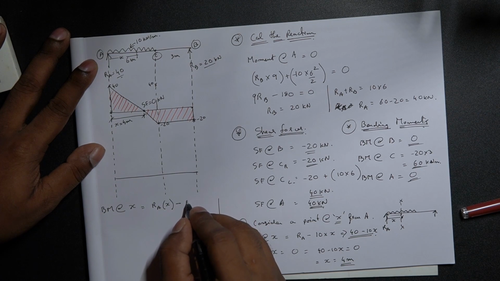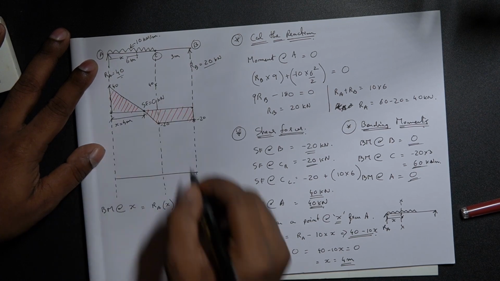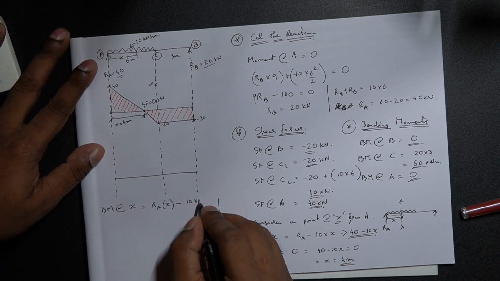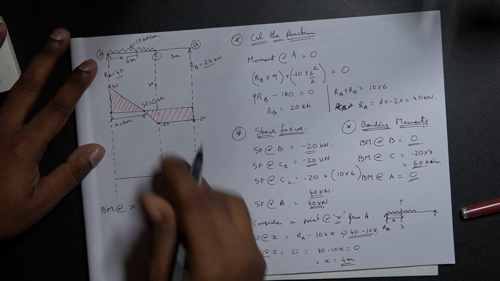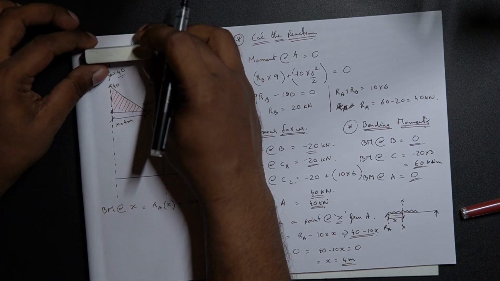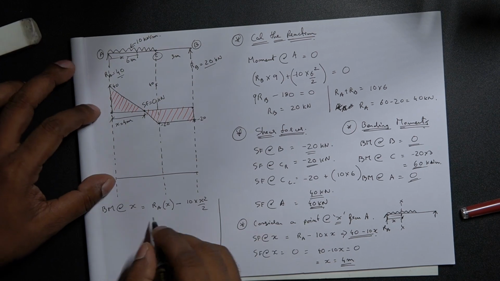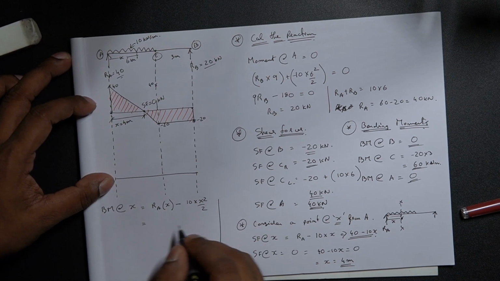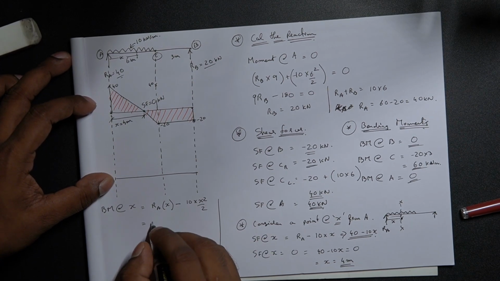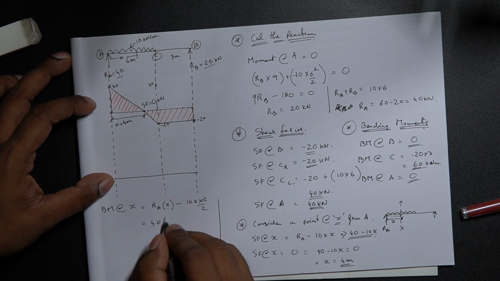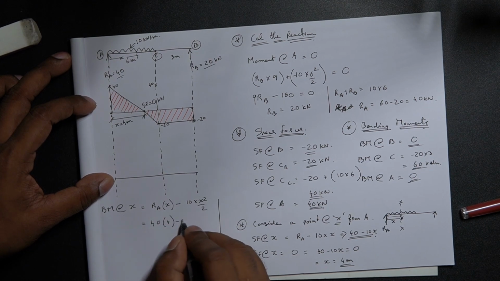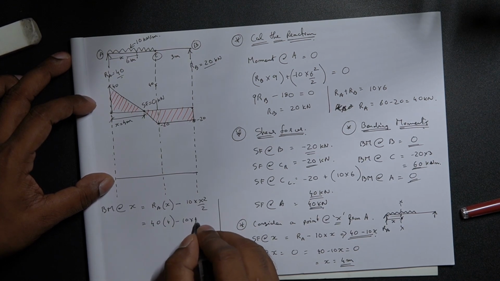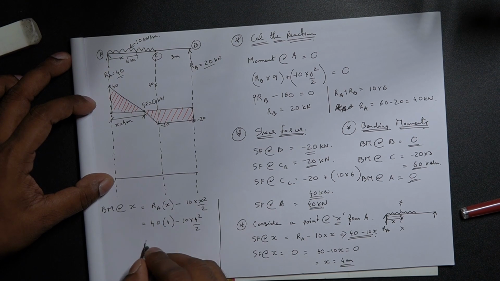So W is 10, span is x, 10 into x squared by 2, downward hogging. So this would be RA, which is 40, times x, which is 4, minus 10 into 4 squared by 2.